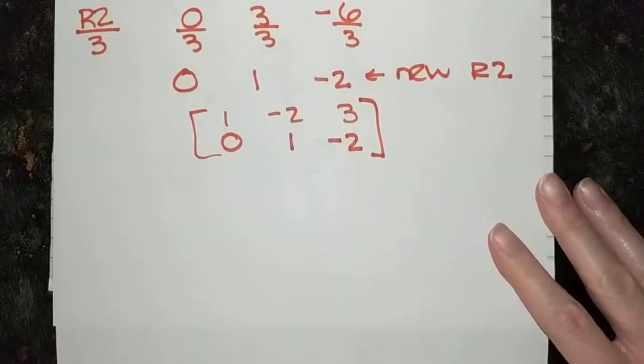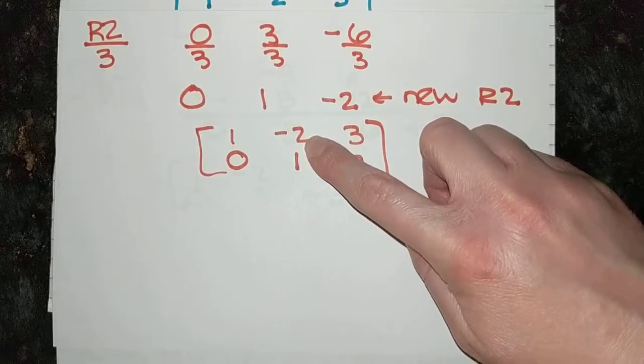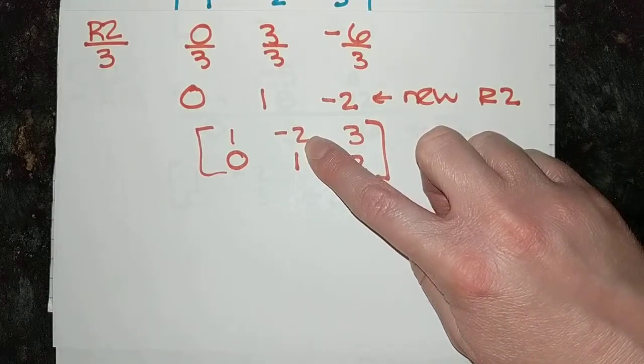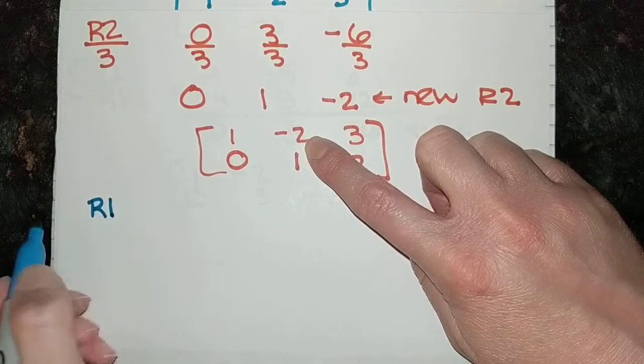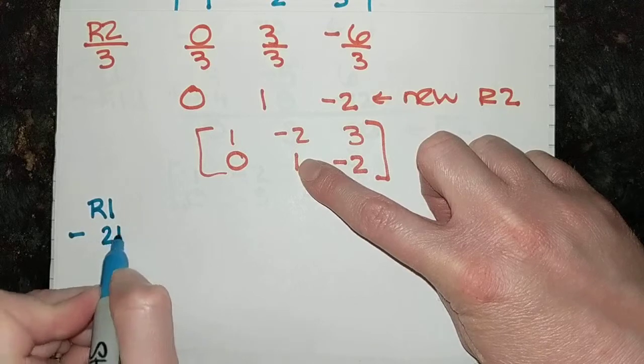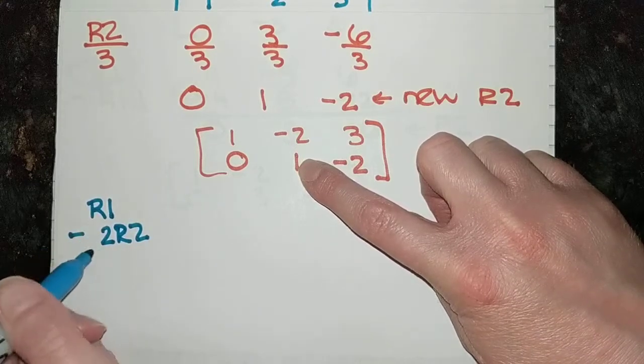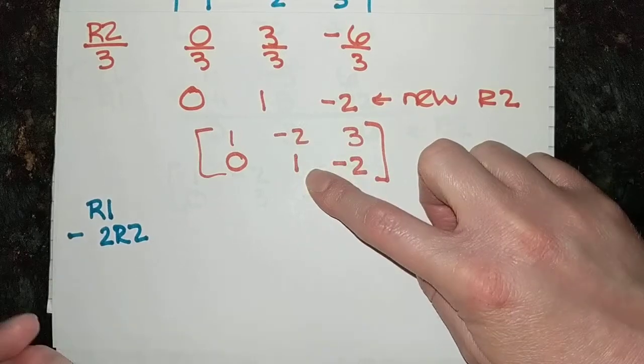Okay, now we're still not in row echelon form because we have to get a 0 above. So to get the 0 above, I would take row 1 and subtract that from 2 row 2. Now you'll notice in this case, if you multiply by or subtract from a -2, nothing's going to cancel out.